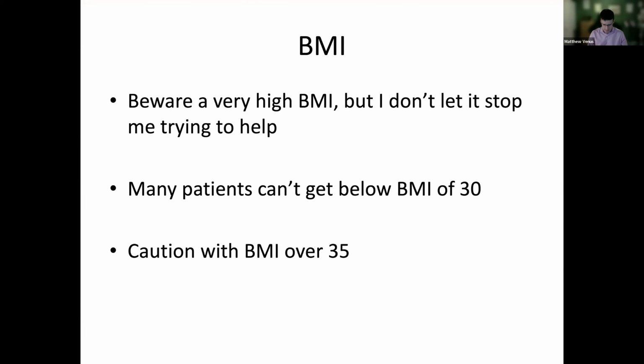We're all aware that high body mass index does relate to an increased chance of complications, but some of these patients, as you know, have extremely high BMIs to start with, and trying to get them to a BMI of less than 30 is impossible. So I try not to let it stop me trying to help, but I am cautious in the surgery that I do, and I try not to overdo it, particularly in patients over BMI 35.